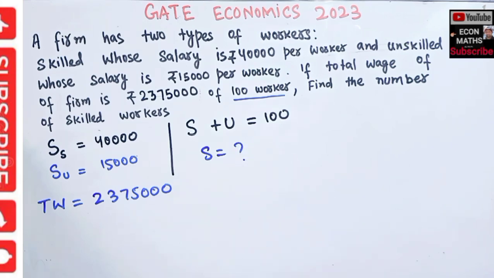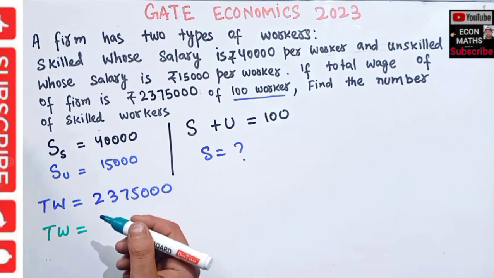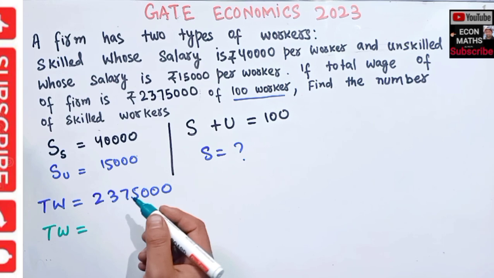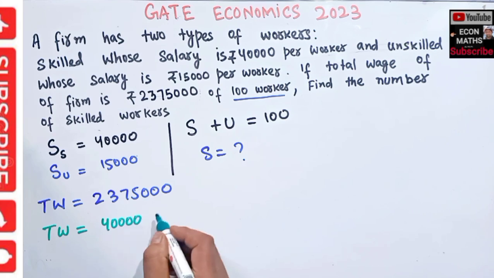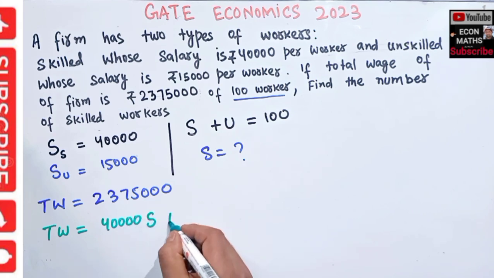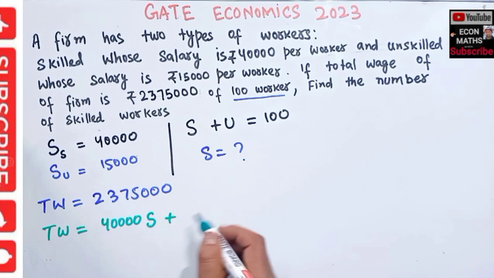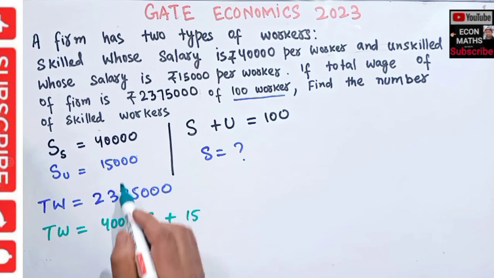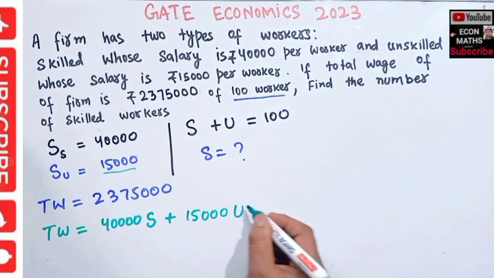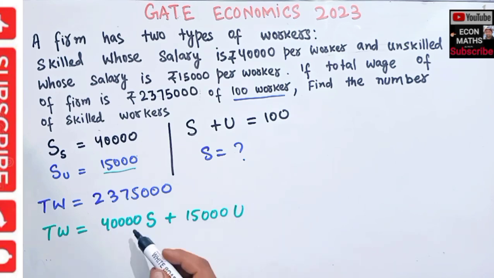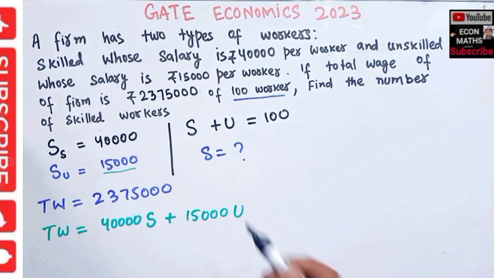Simple thing: total wage, or total cost of the firm, will be equal to the salary of skilled workers, which is 40,000, times the number of skilled workers, plus the salary of unskilled workers, 15,000, times the number of unskilled workers.